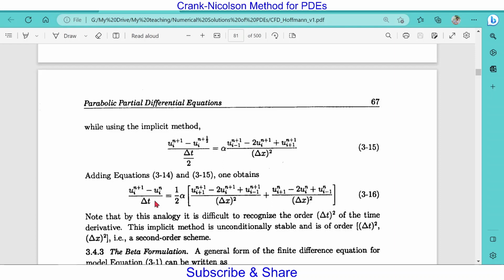At the end, we add these two equations to get the Crank-Nicolson method. Now, the big advantage of this method is that the method is unconditionally stable. There is no condition for the method to be stable or unstable. So it is an unconditionally stable method.